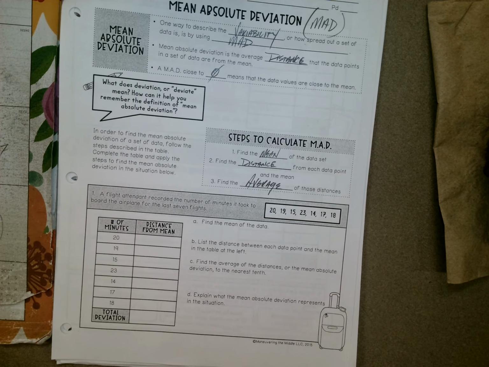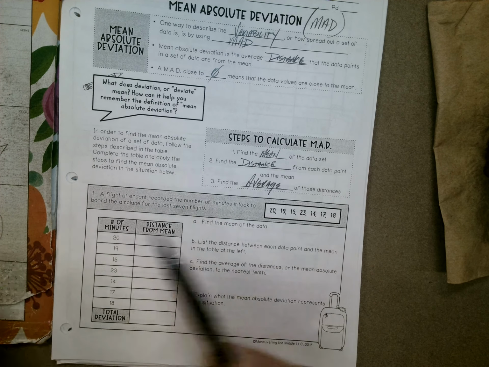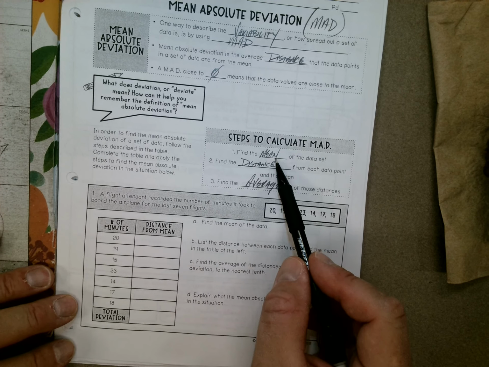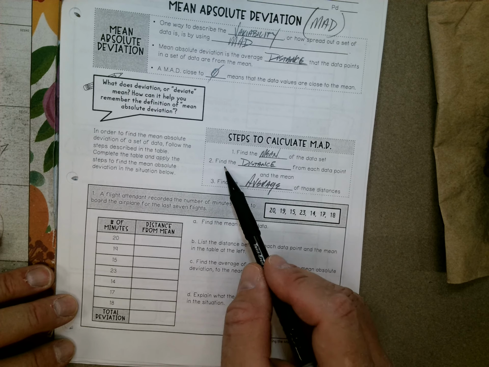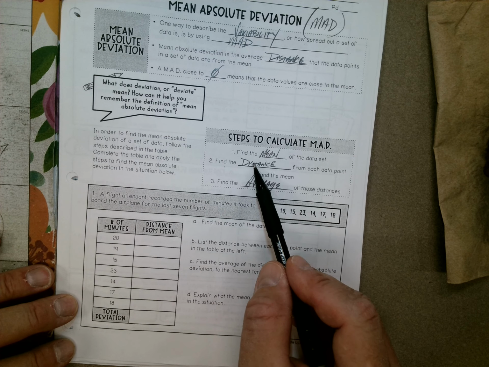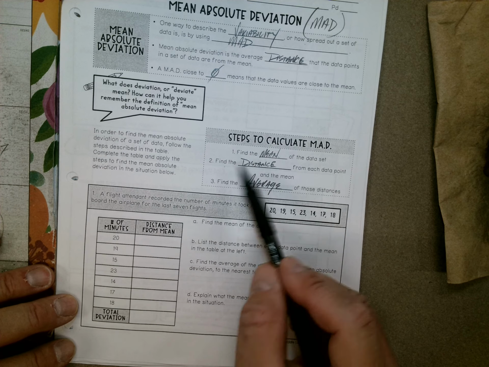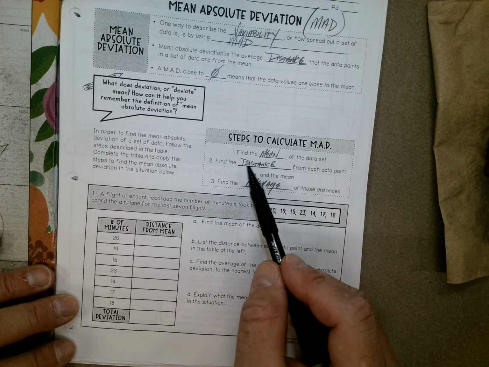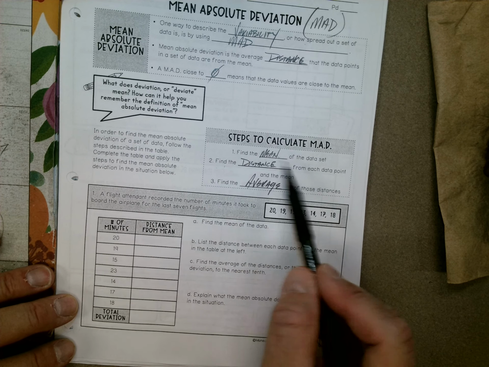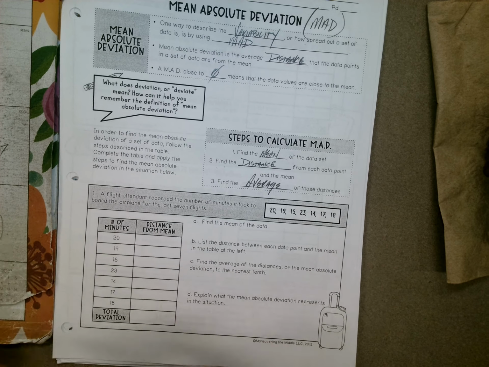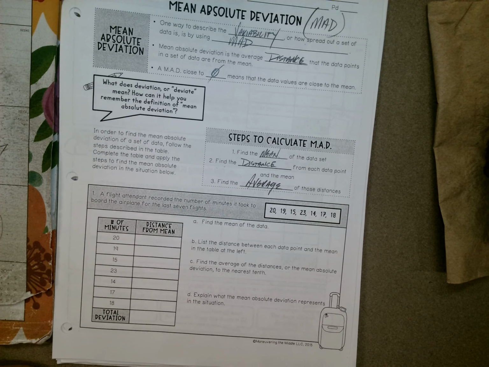I'll pause there for a second. First, we add up the data values and divide by the total number in the set to get the mean. Then we take that mean and subtract it from the data values in the set. Then we average all of those and get the mean of those. That's why I keep telling you it's really the mean of the mean.